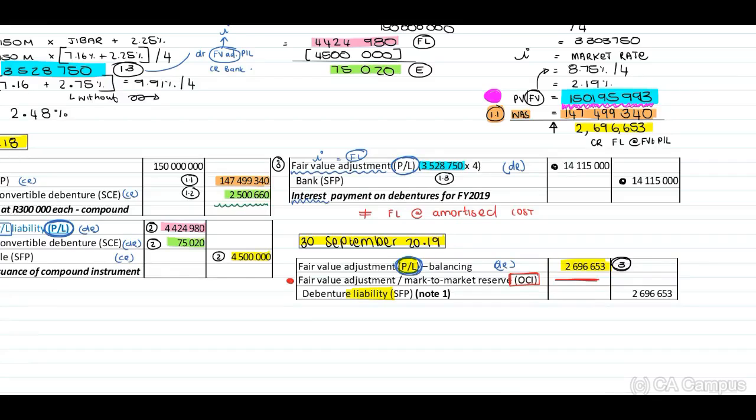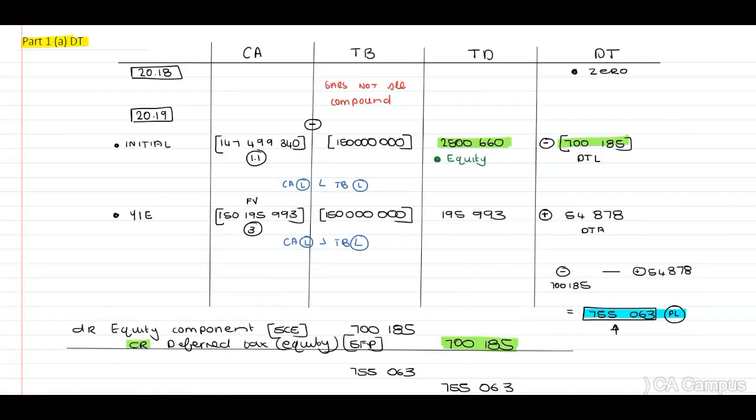But when you take into account the fair value adjustment, thus 2,696,653, and you use the 2,696,653 times 28%. And guys, that 263, I just want to ensure that you are happy. Okay.